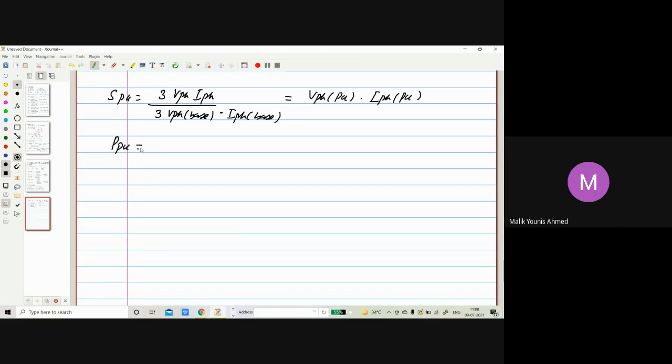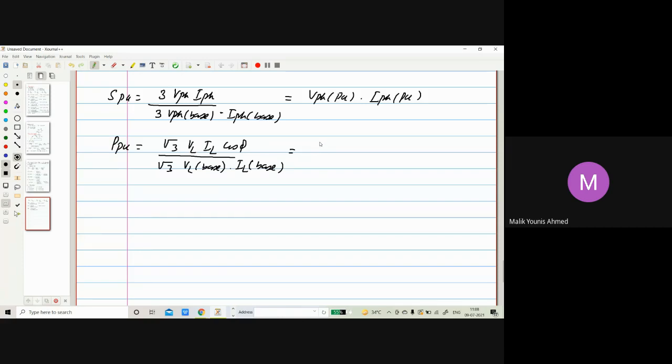Similarly, the result can be repeated for real power in per unit. In terms of line, it will be under root 3 VL IL cos of phi divided by the base value under root 3 VL base into IL base, because the base will be in the complex apparent power. So under root 3 gets cancelled.